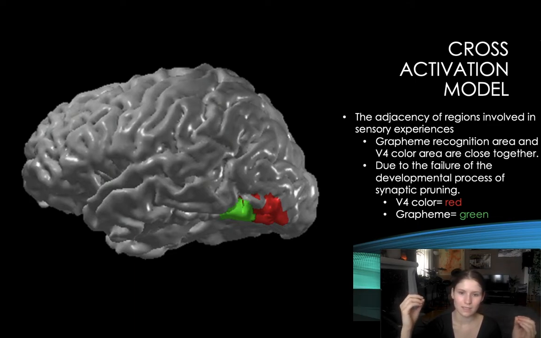And they say that this connection is what makes synesthesia. And they're connected due to the failure of the developmental process of synaptic pruning. So the synapses weren't pruned away in this area, and so there's still that connection, but because they're close together, that is what causes the connection.